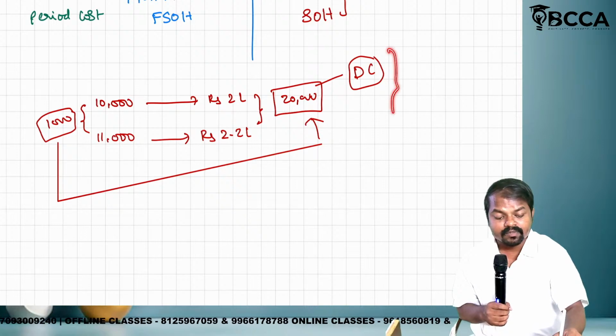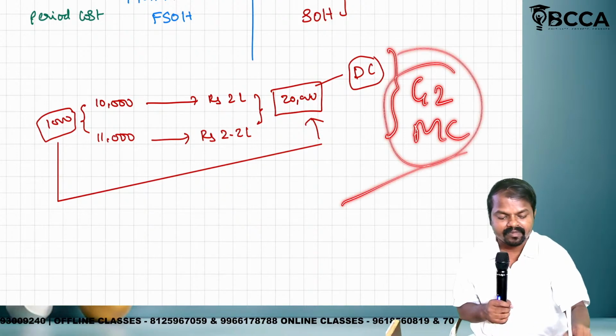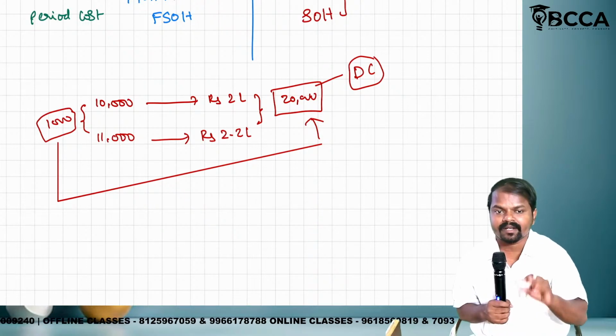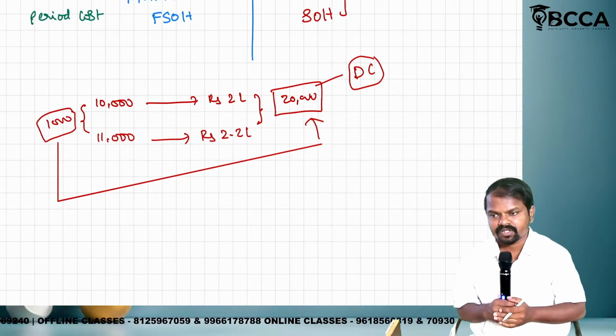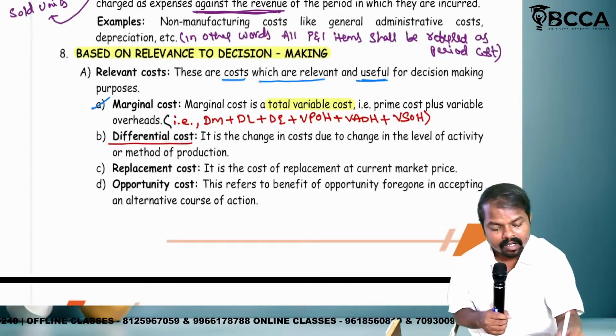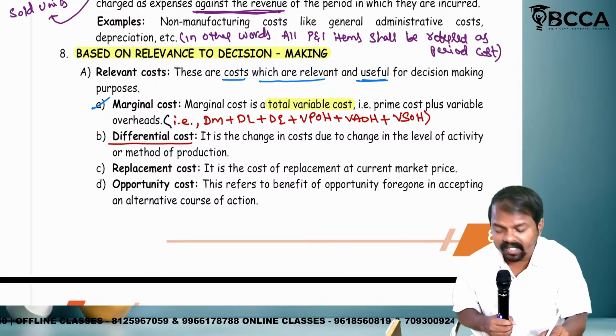This concept is most important in case of Group 2 marginal costing, not Group 1. Under Group 2 marginal costing, one topic is there: analysis of differential cost. It will be helpful. Now listen to the concept. What is the differential cost?